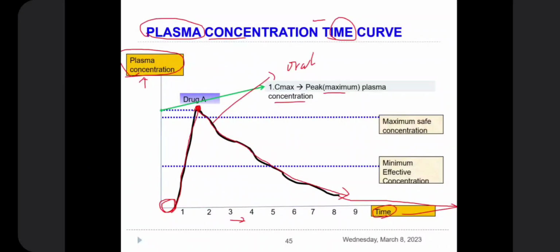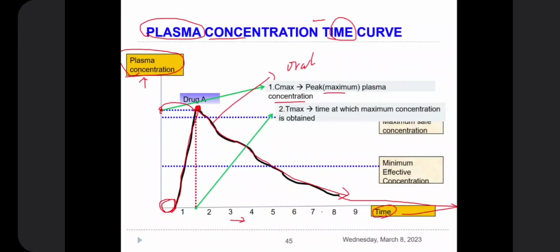This point, corresponding to the point on the y-axis, is Cmax. Okay, next is the time, the x-axis. The peak corresponds to one time, and this time we call Tmax. This means the time at which maximum concentration is obtained. Tmax.